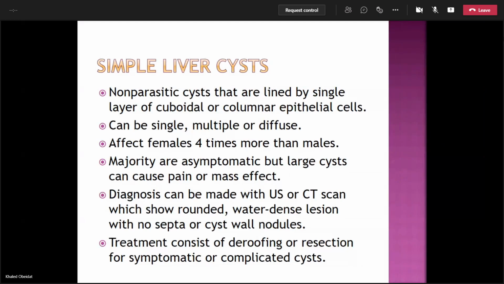Diagnosis is usually by CT scan or ultrasound, where we will see a water-filled or fluid-filled lesion with no septation, no structures in the wall. And if they are symptomatic and causing a problem, there's an indication for what we call deroofing.